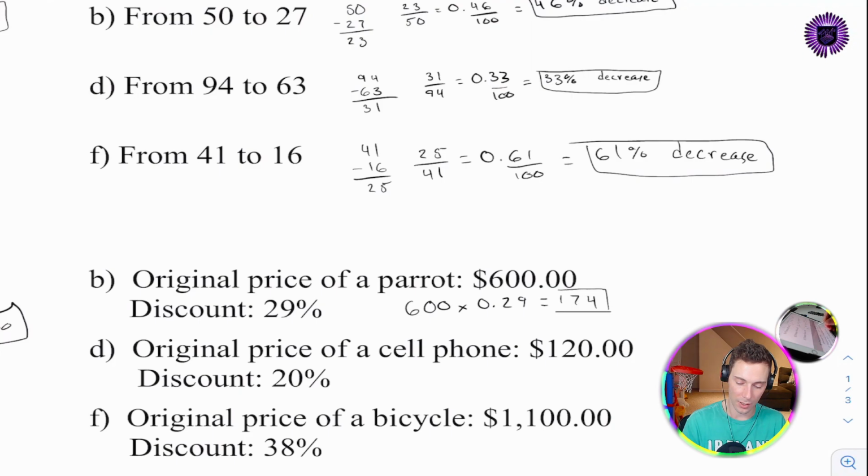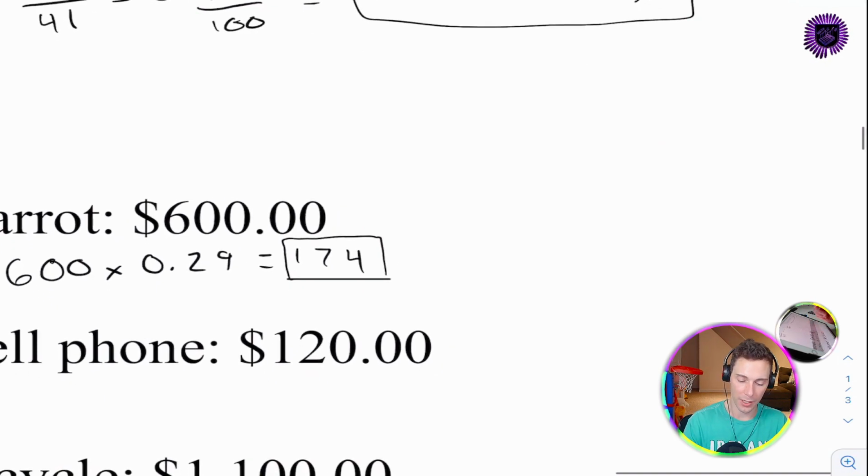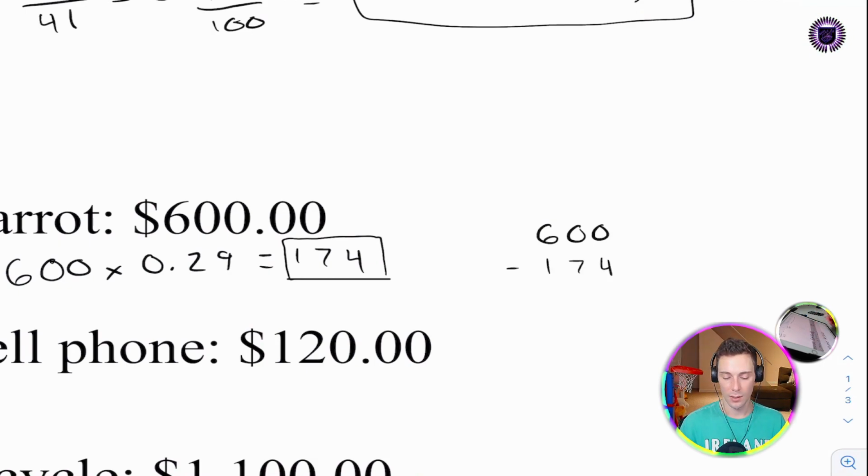So we're going to use that number to figure out what our final price is. So 600 minus 174. Okay, so what I like to do is do this backwards, because I'm doing it mentally, right?